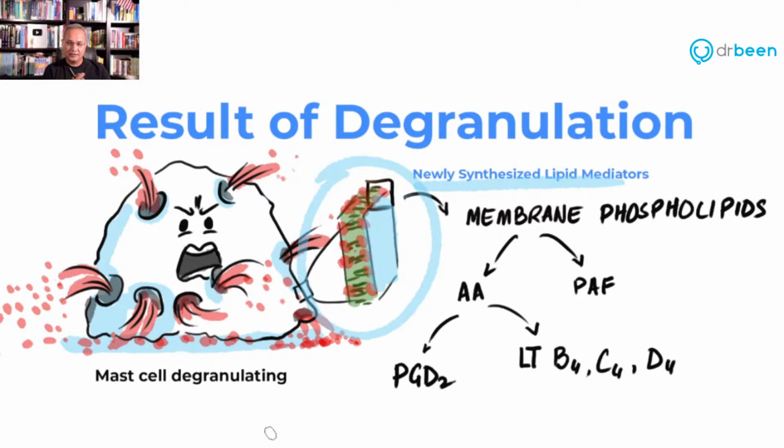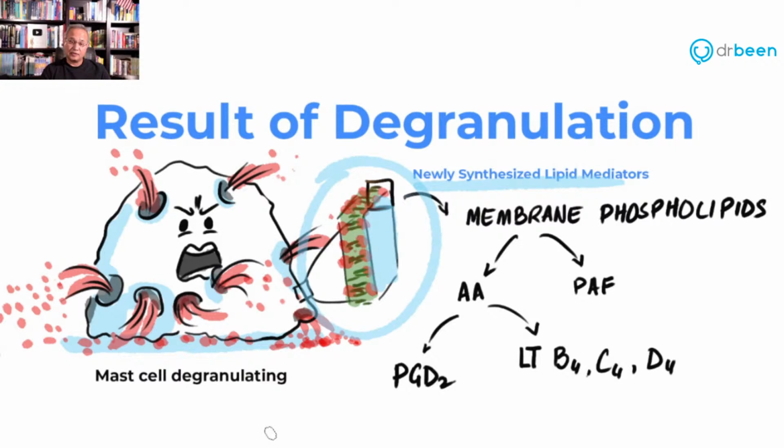So a cell under stress, this is not only just for the mast cell, other cells do it too. A cell under stress can take things from its cell membrane and make chemical substances from there, which are used to signal other cells, to immune cells, to come and help. These are like smoke alarms a cell raises.